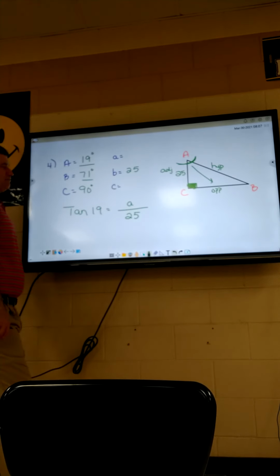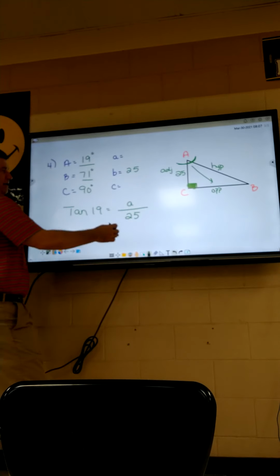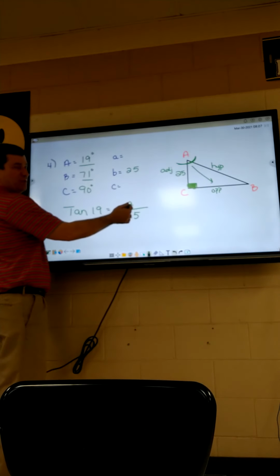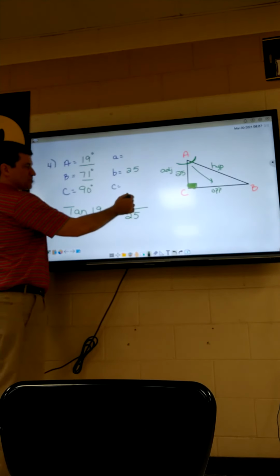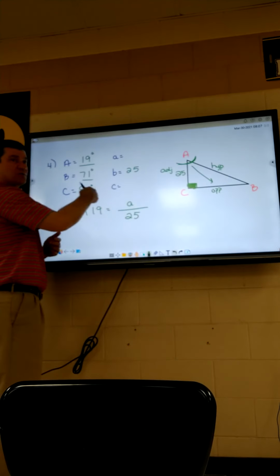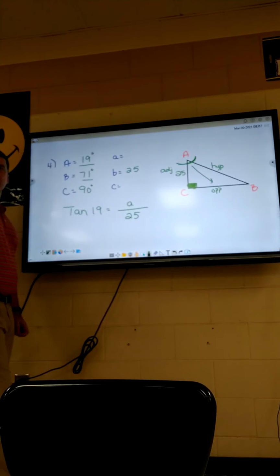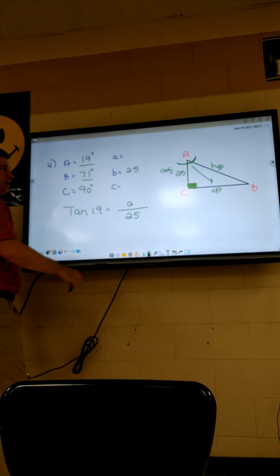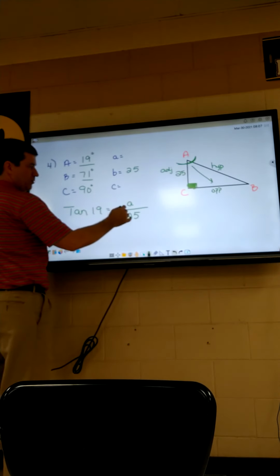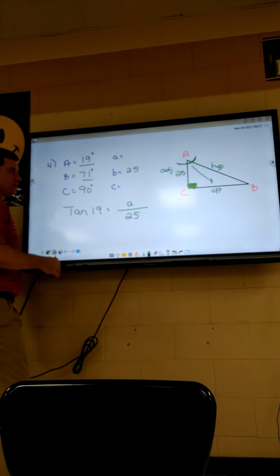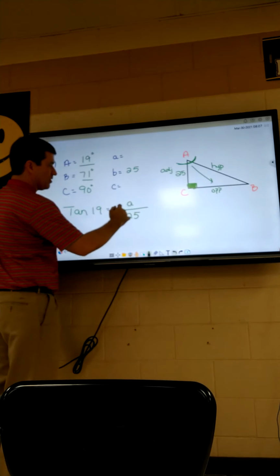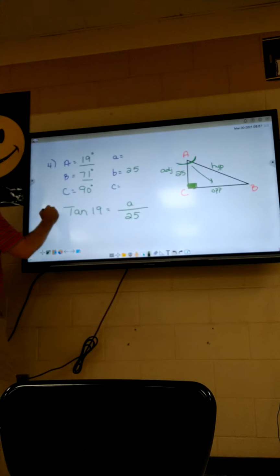Yesterday we had the variable A on the bottom. If it was 25 over A, I showed y'all you cross multiply. Basically, you just switch them around. What do you do when the variable's on top? If you want to solve for A, we have to move the 25 over. The inverse of dividing by 25 is multiplying by 25.